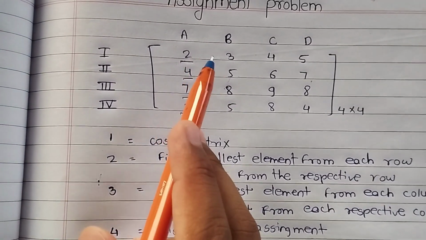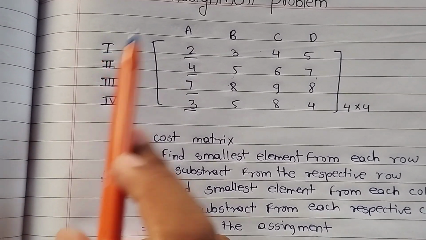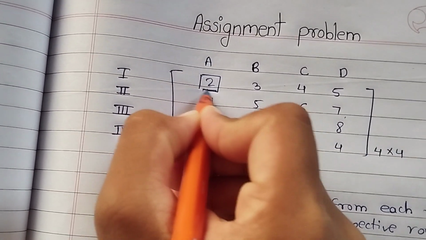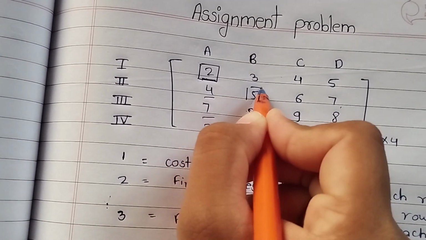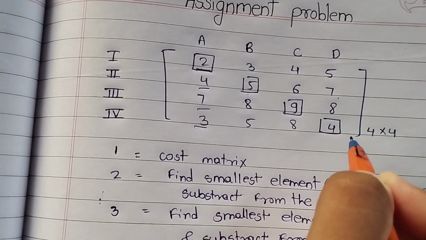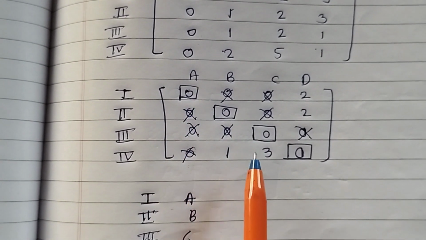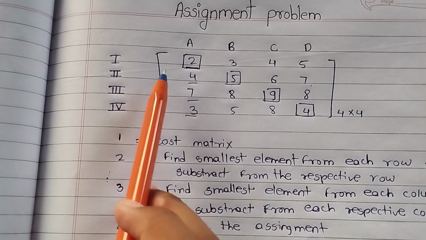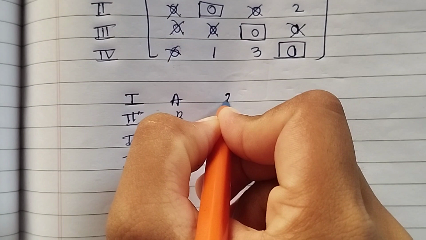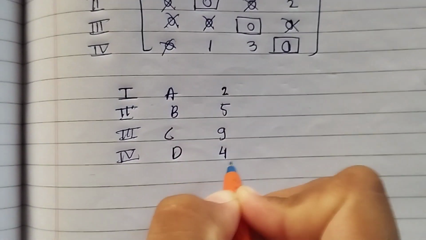Check from the original cost matrix. So the values of our assignments are 2, 5, 9 and 4. We can see here we get all the assignments on the diagonal. So the values are 2, 5, 9 and 4.